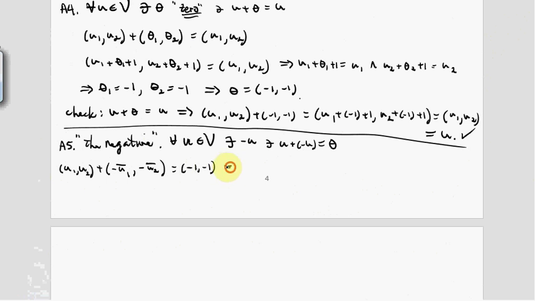So this implies then that u sub 1 plus negative u sub 1 hat plus 1 equals negative 1. And the other component is u sub 2 plus negative u sub 2 hat plus 1 has to equal negative 1.